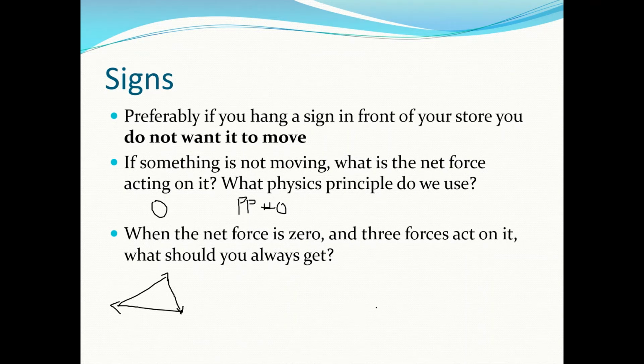And if I have 3 forces, say I have a force going that way and a force going that way. Well, if I want a net force of 0, I have to go right back to where I started. Same idea. So now I have a net force of 0.